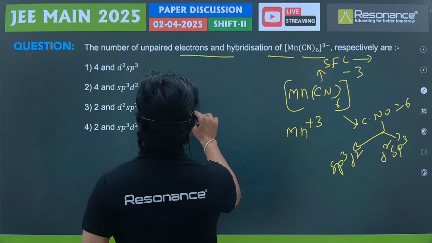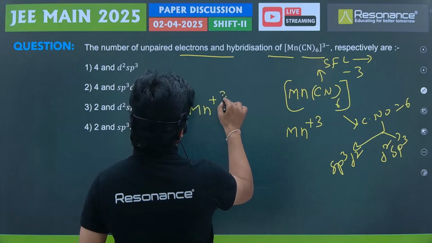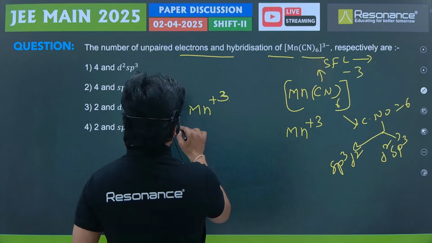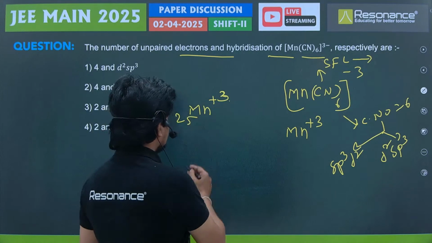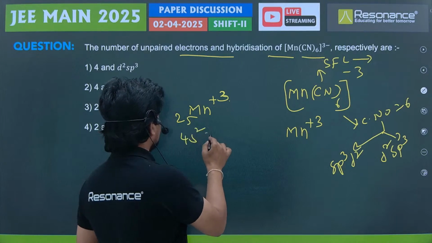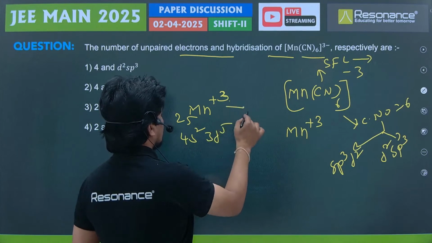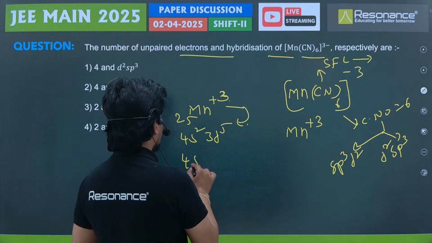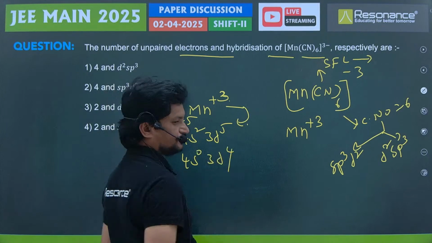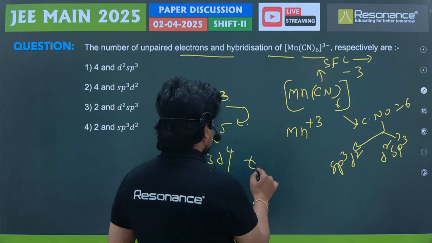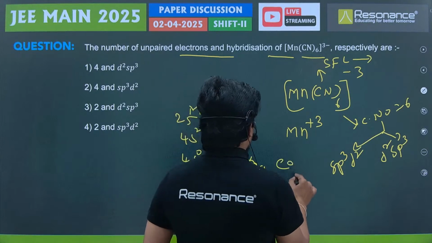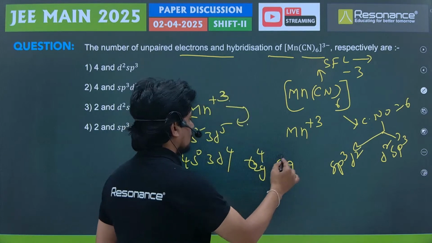Okay, let us see. Mn plus 3, atomic number 25. What is the general electronic configuration? 4s2, 3d5. In the plus 3 oxidation state, 4s0, 3d4. Okay, t2g4, eg0.